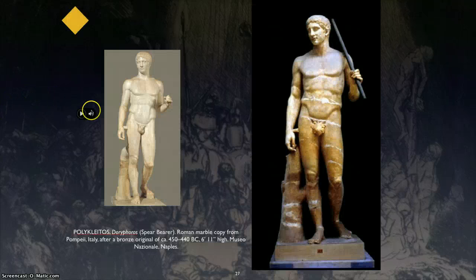So let's go back here. We have the knee that's unlocked, the knee that's locked, a hip that's down, a hip that's up. The curve of the torso, but Polycletus has done something else. This arm is down and relaxed. This leg is relaxed.